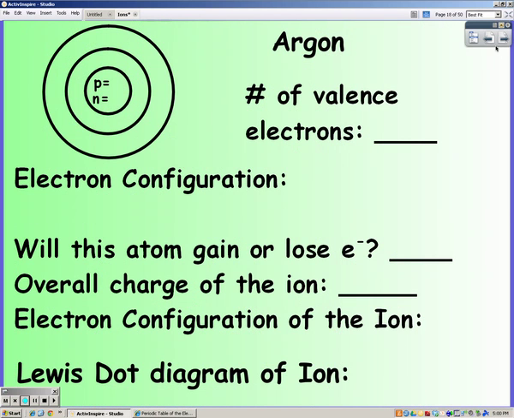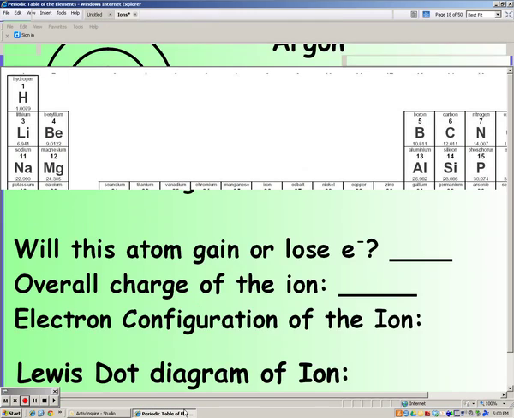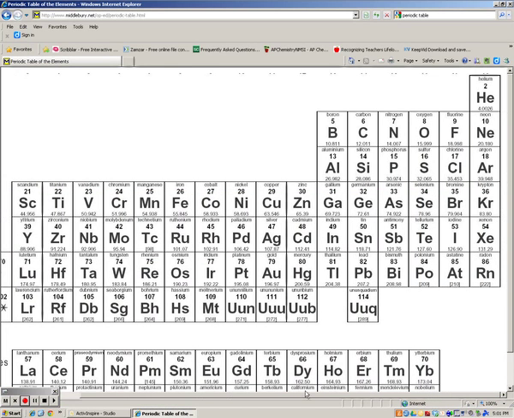Go ahead and do the Bohr diagram, number of valence electrons, and electron configuration for argon. Restart the video when you have those 3 items. So for argon, looking on the periodic table, it has 18 protons and a mass of 40.